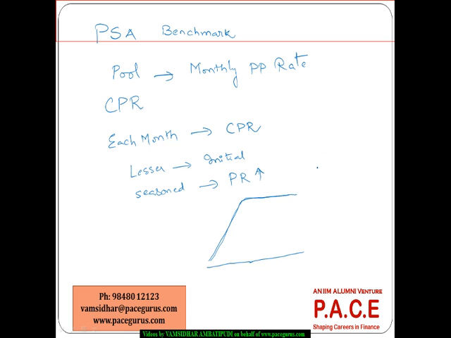But they have come out with a kind of benchmark. PSA 100 is like an index. Any mortgage pool that goes with this benchmark will be more or less closer in prepayment rates to this pattern, whereas in some cases they could be much faster than this, or much slower.